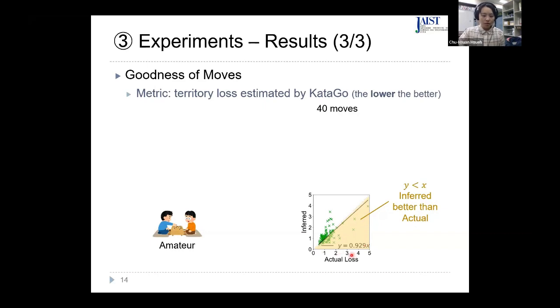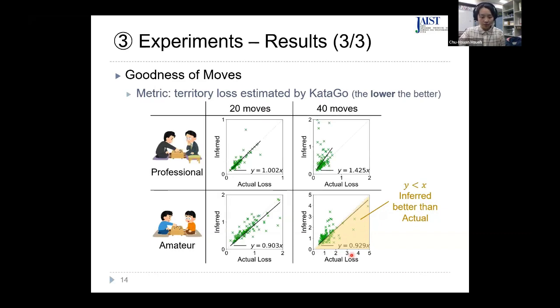So an interesting finding is that in professional games, generally the inferred sequences were worse than the actual sequences. But for the amateur cases, the inferred sequences were better than the actual sequences.